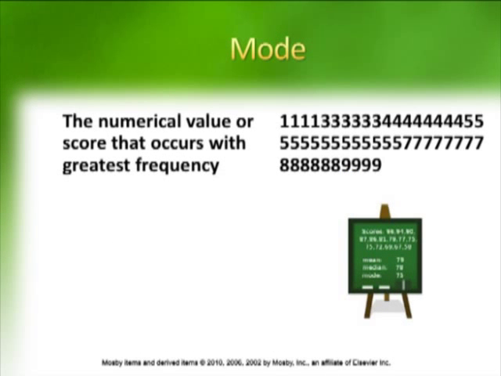Now we're going to look at the mode. The mode is the numerical value or score that occurs with greatest frequency. In this data set, the number 5 appears 14 times and is the mode. The mode, in other words, identifies the most popular score. The mode is relatively infrequently used, except for describing typical values on the nominal level measures.